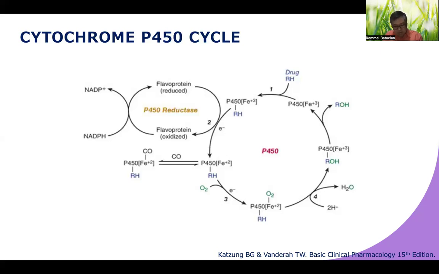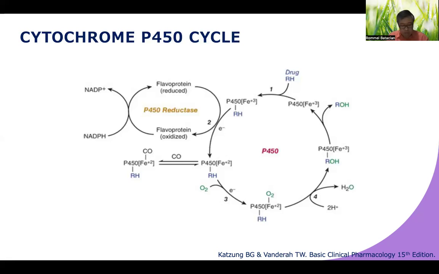The activity of these enzymes requires both a reducing agent, usually nicotinamide adenine dinucleotide phosphate, or NADPH, you can see here, and molecular oxygen. In a typical reaction, one molecule of oxygen is consumed or reduced per substrate molecule, with one oxygen atom appearing in the product and the other in the form of water.